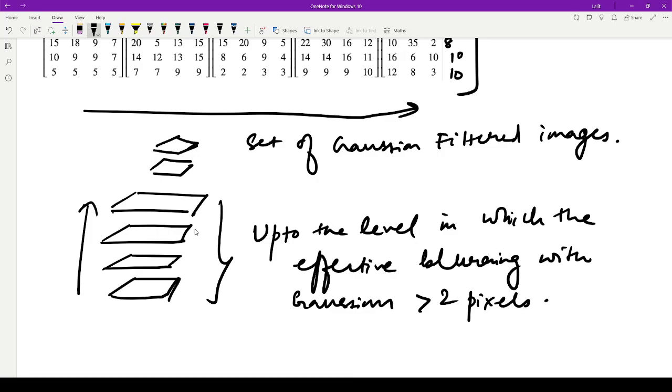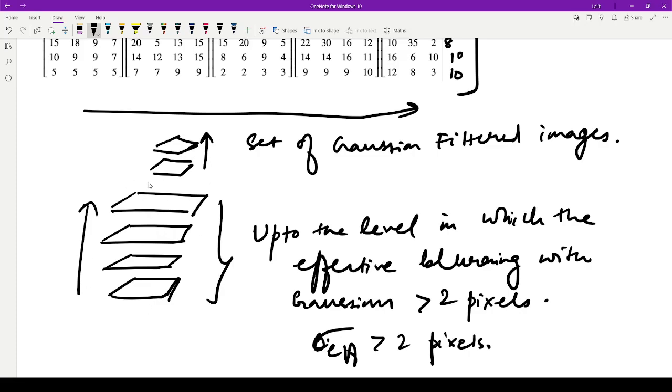So once you have it greater than 2 pixels, that means the effective sigma, the standard deviation of the Gaussian, is greater than 2 pixels. Once you have this, then you can reduce the size and then you can again do blurring out here. So this is how the Gaussian pyramid is created.